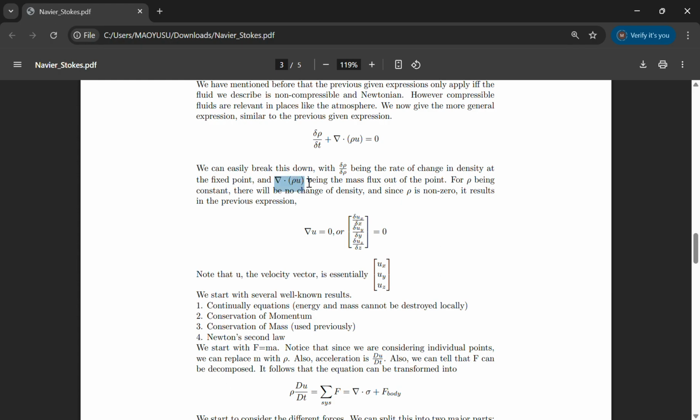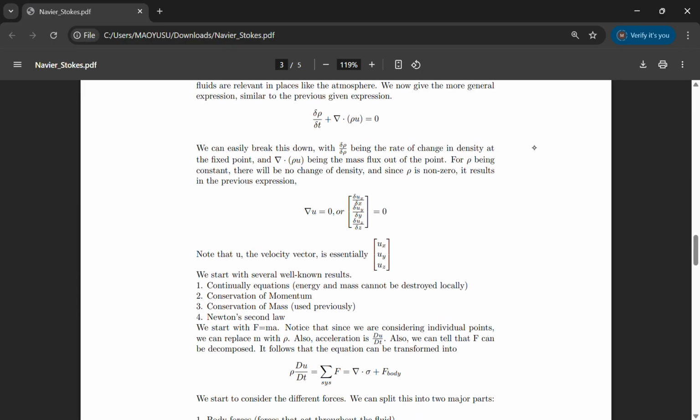times rho u. This dot multiplication is quite tricky because it's with vectors. We can also go circular if we don't know what the dot product and the cross product each mean in vectors. And okay.